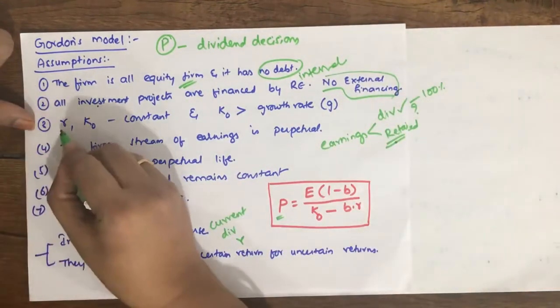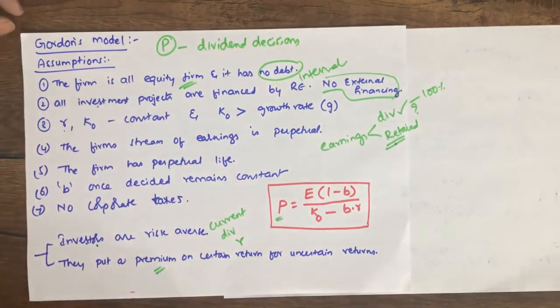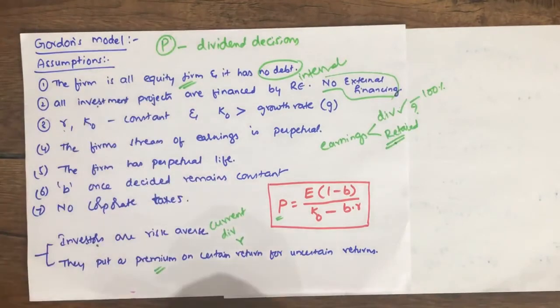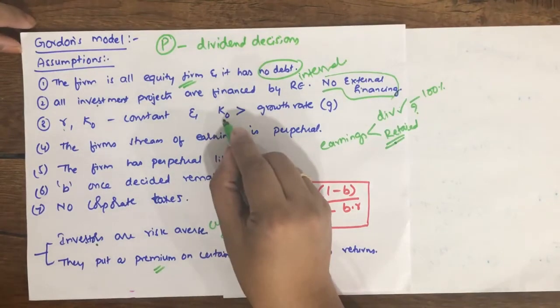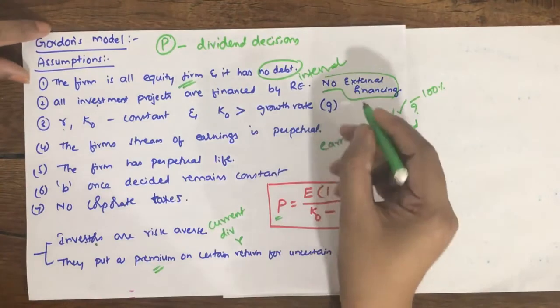It was also assumed that R and K0, where R stands for return on investment and K0 stands for overall cost of capital, both remain constant. And K0 will always be greater than the growth rate. Now what is this growth rate?